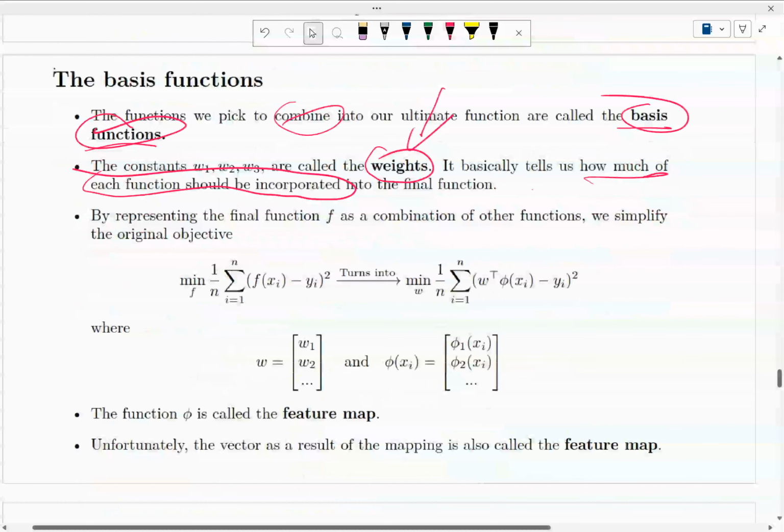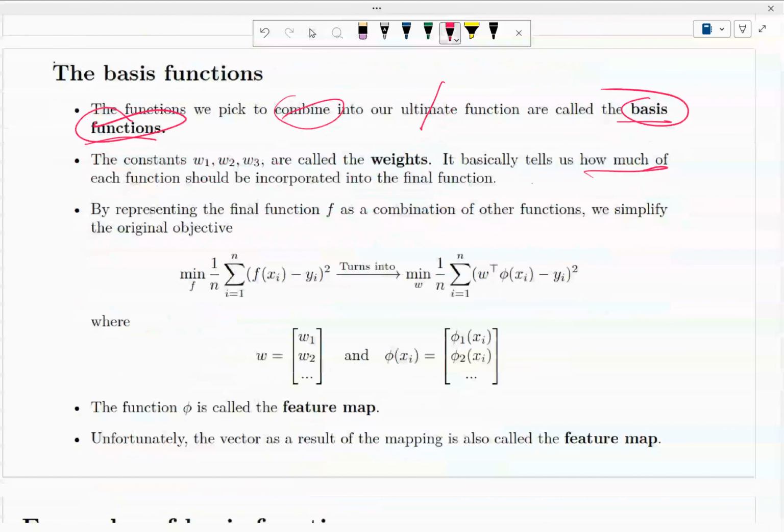So by representing the final function as a combination of other functions, we really simplify the objective. Over here, this is not easy, right? We don't know how to pick a function. But now, if we pick a bunch of functions, we're not sure which one is good, but we simply find the weights.